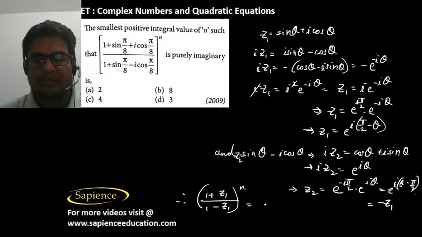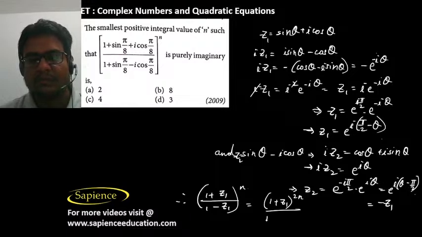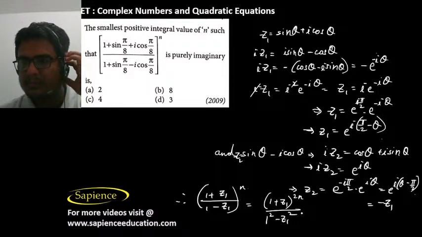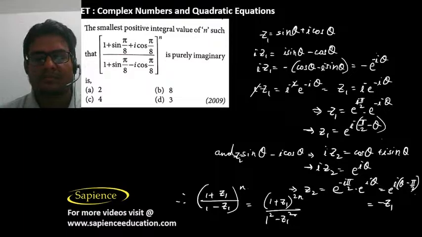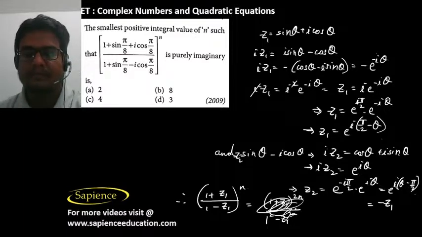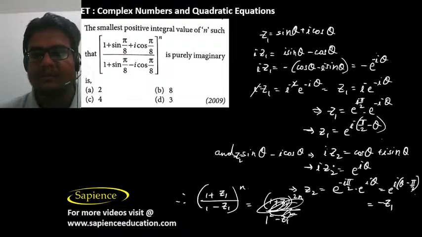So I can write (1 plus z1) whole power 2n divided by (1 square minus z1 square). Sorry, so this will be 1 by 1 minus z1.